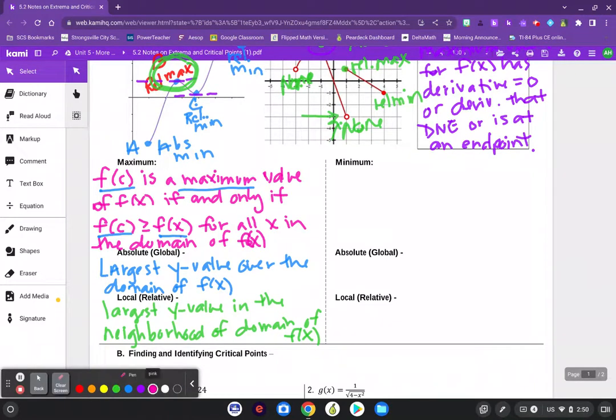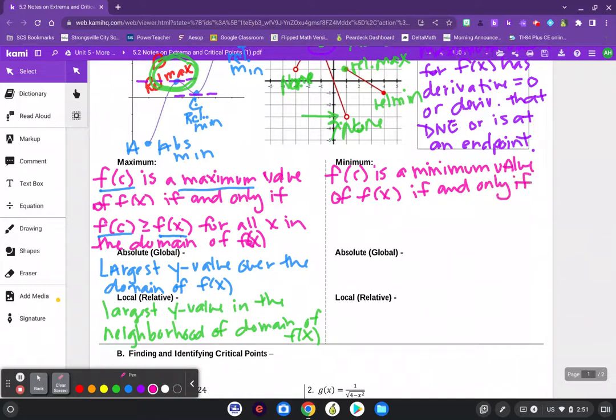We will say something similar. We will say f of c, the y value at c, is a minimum value, again, a y value, a minimum value of f of x if and only if f of c, the output at c, is less than or equal to all of the other y values for all x in the domain of f of x.